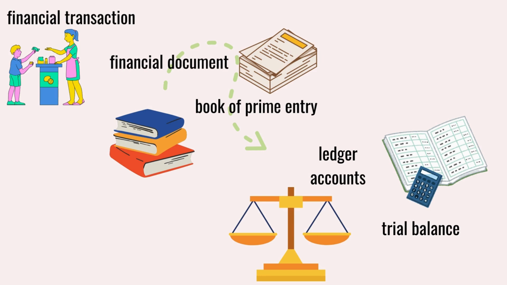But the reason why you have to debit the customer account, which is a sales ledger account, is because it's treated as an asset. This transaction shows the sale from the sales day book, the book of prime entry, being transferred into the ledger accounts as a debit and credit entry.